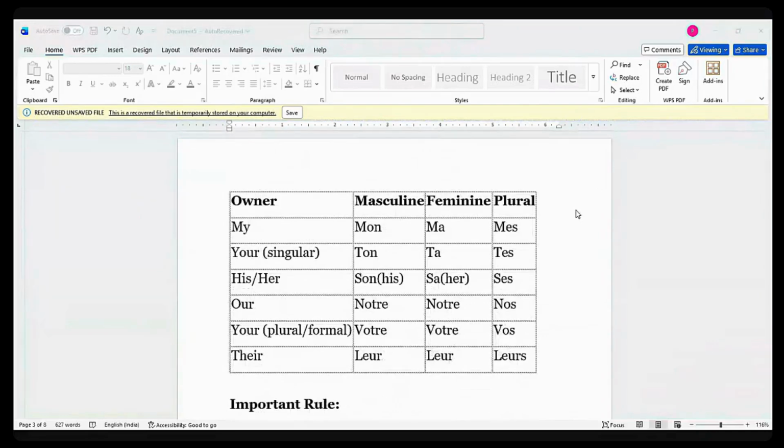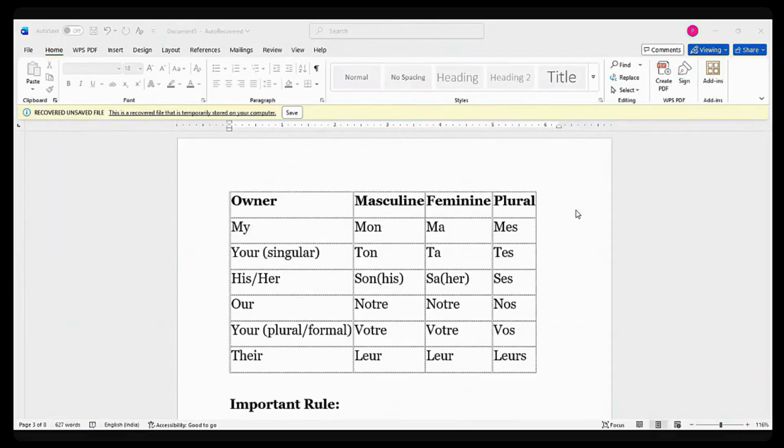Mon, ma, mes. Your, for the singular and also informal, we use ton, ta, tes. Next, his and her. Son is used for his, sa is used for her, and ses is used for both cases. Okay, for the plural structure, nos is used not for masculine or feminine but for plural.